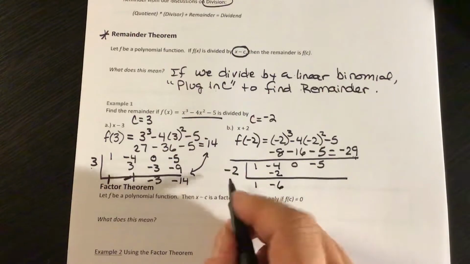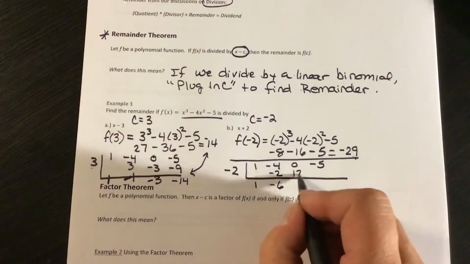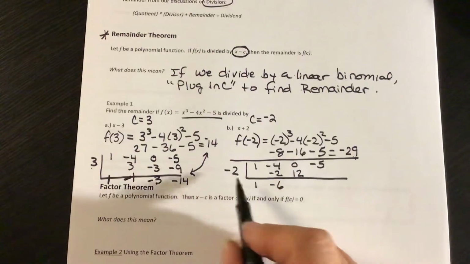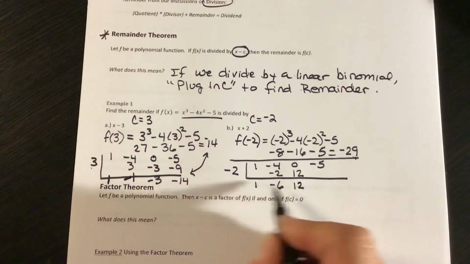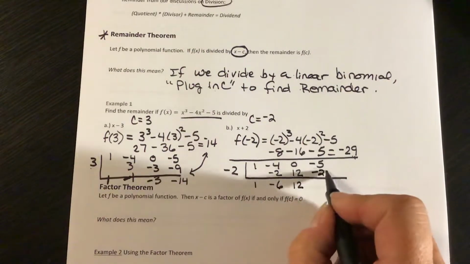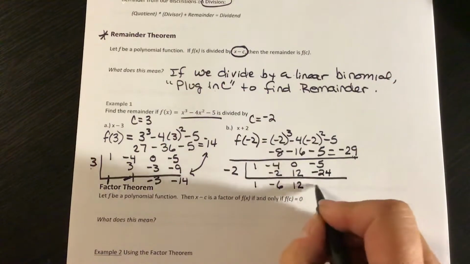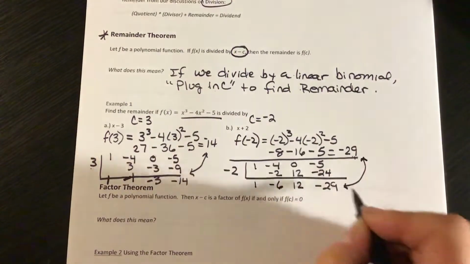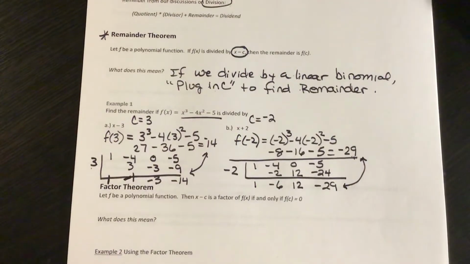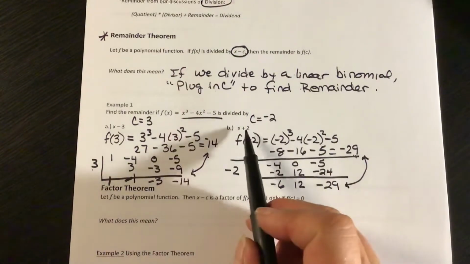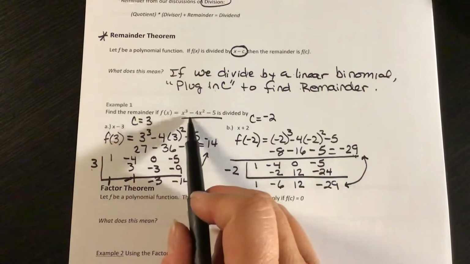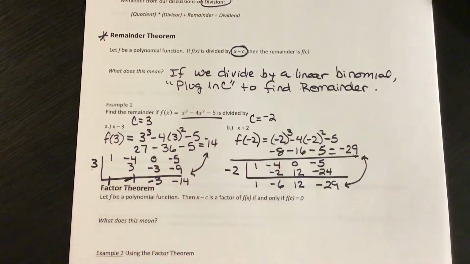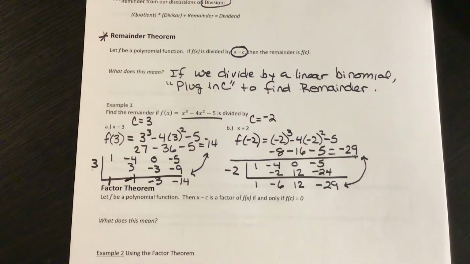That's negative 6. This is positive 12. Add down, I get 12, and this is negative 24. Add these together, I get negative 29. So this is just showing we've got two ways to find our remainder. We can plug in what the 0 is into the function, or we can do synthetic division.